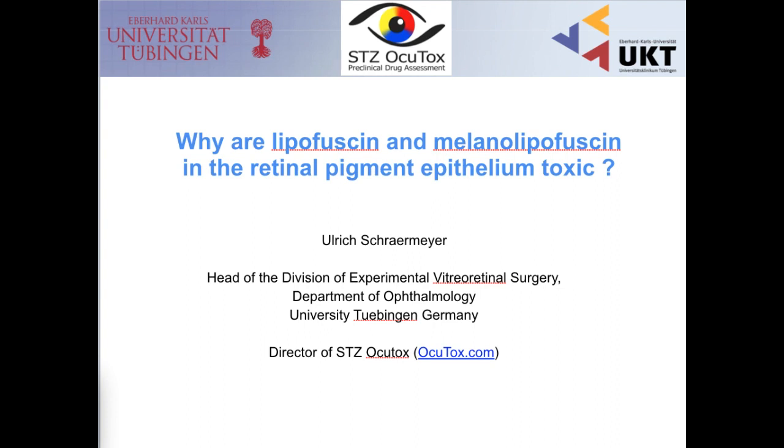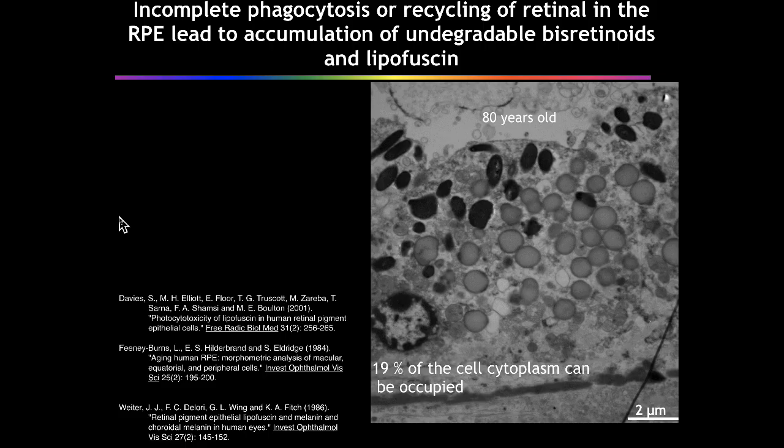Why are lipofuscin and melanolipofuscin in the retinal pigment epithelium toxic? Incomplete phagocytosis or recycling of retinal in the RPE led to accumulation of undegradable bisretinoids and lipofuscin.